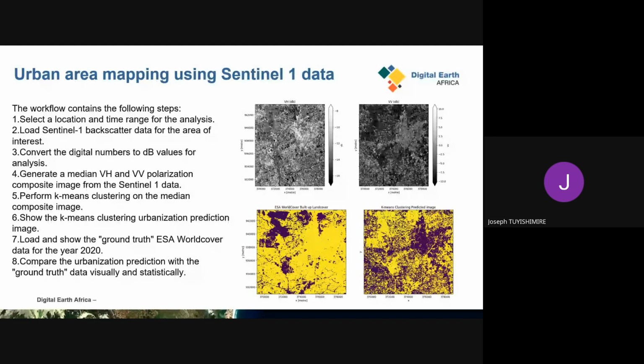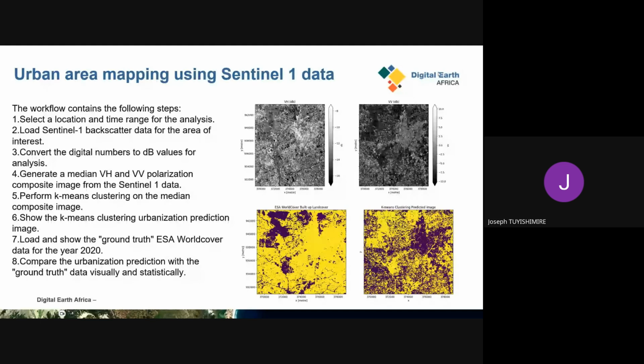You know that radar data are cloud free, and of course, they will always be very useful for us to understand urban change detection. And of course, we thank ESA for providing access to this data and also access to the land cover that could validate this product.